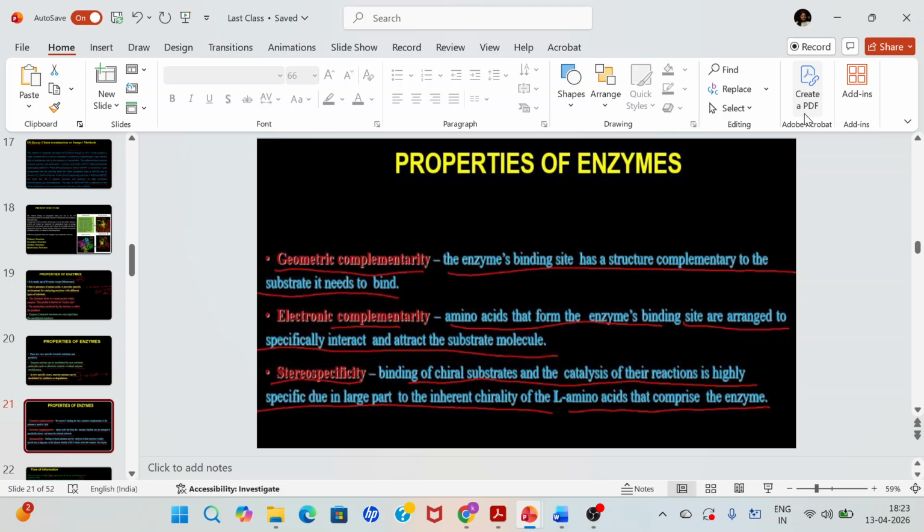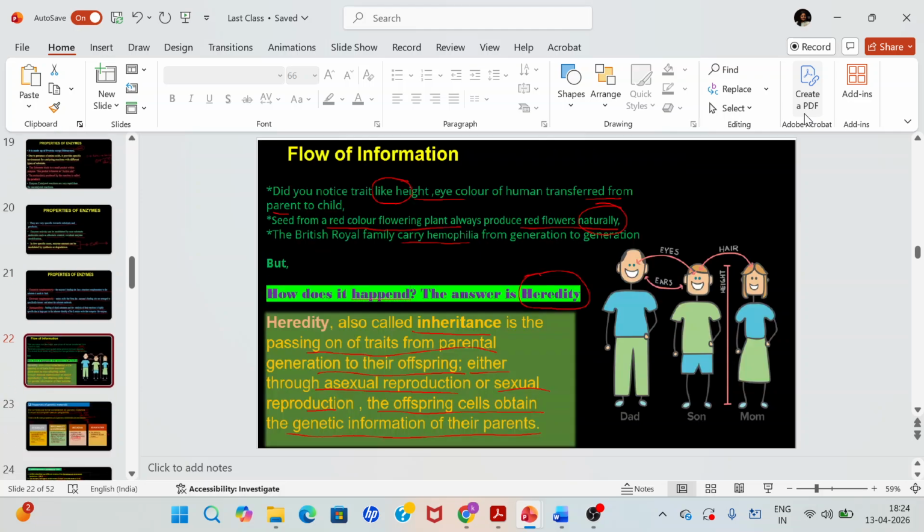So the properties of enzymes continue. They should be geometrically complementary. Electronic complementarity should also be there, and stereospecificity also should be there so that the structure is maintained and the enzyme can work in its active form.